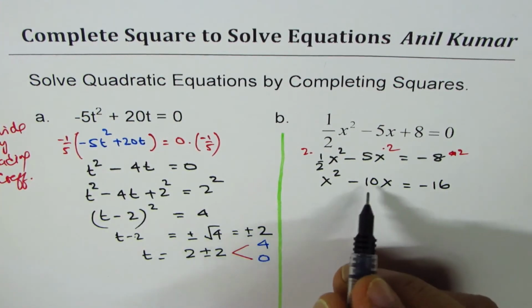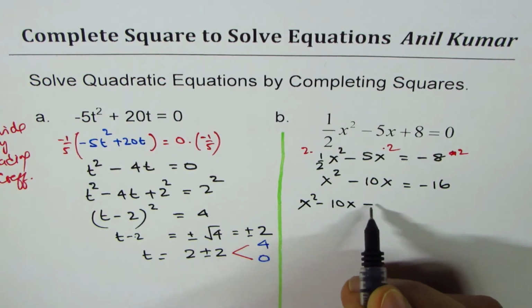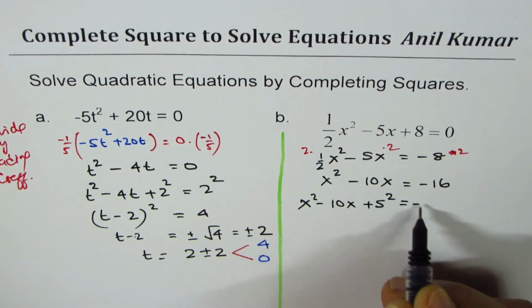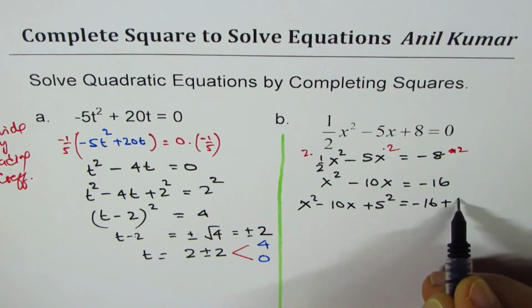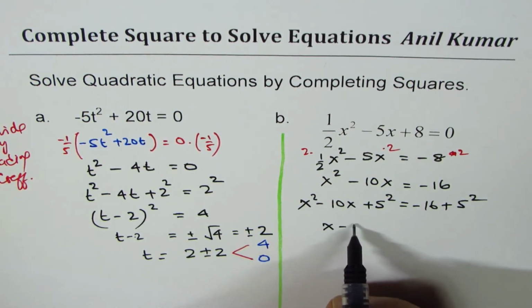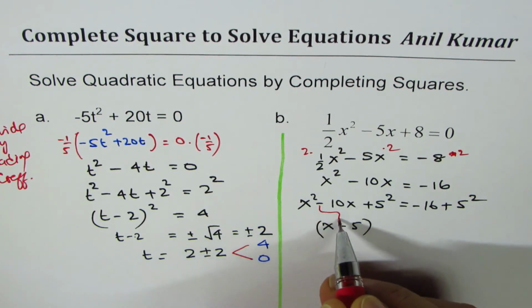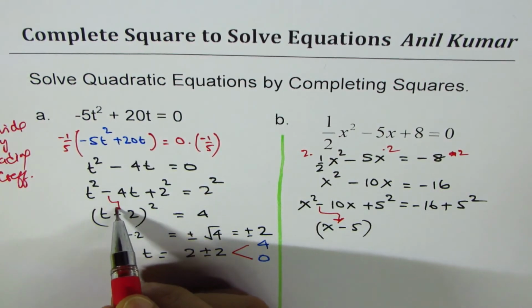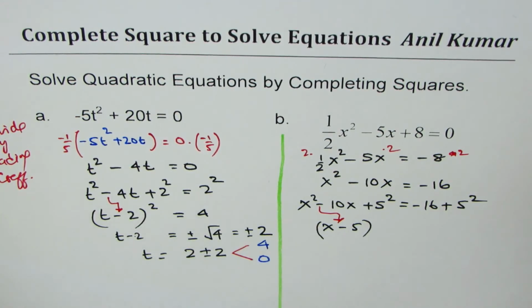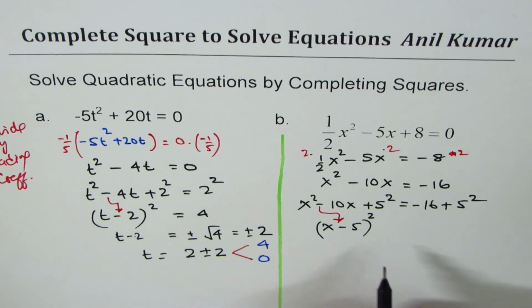Now we do half of 10, x squared minus 10x. Half of 10 is 5. So we'll add 5 squared to both sides. This becomes a perfect square, (x minus 5) squared. So the sign we are taking from here, do you see that? In previous cases, it was positive. So that is how all my examples are very different.